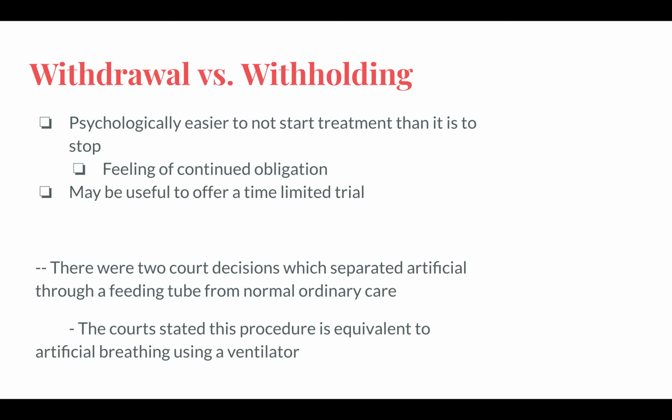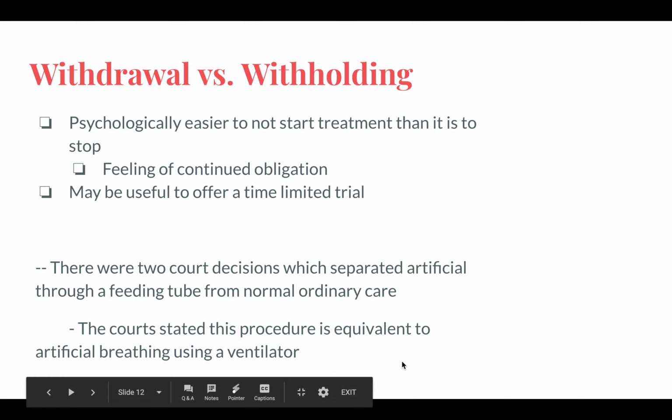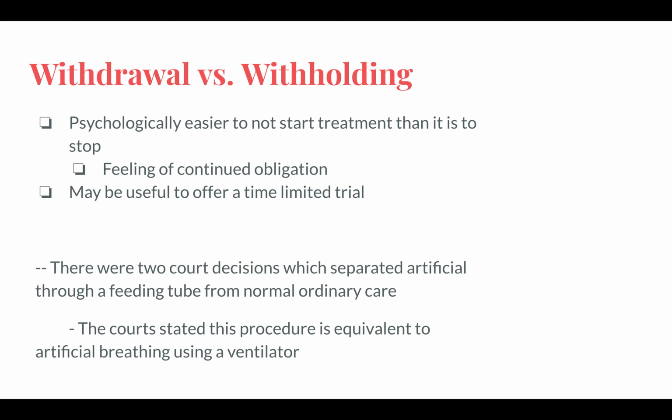A lot of times people will be started on tube feeds after a stroke or some other insult, and family in the acute setting elects to place a PEG tube or a feeding tube and begin tube feeds. However, down the line, it becomes very clear that this patient is never going to get any better or recover function, and then it becomes a very difficult discussion between family members and providers regarding how long do we continue to provide tube feedings, which are the only thing sustaining this patient, and that it's artificial nutrition at that time.